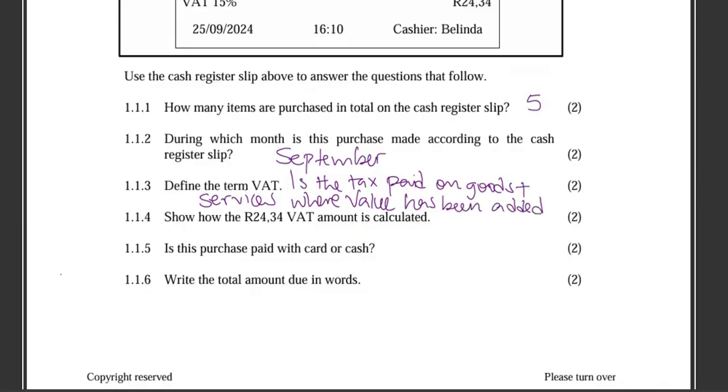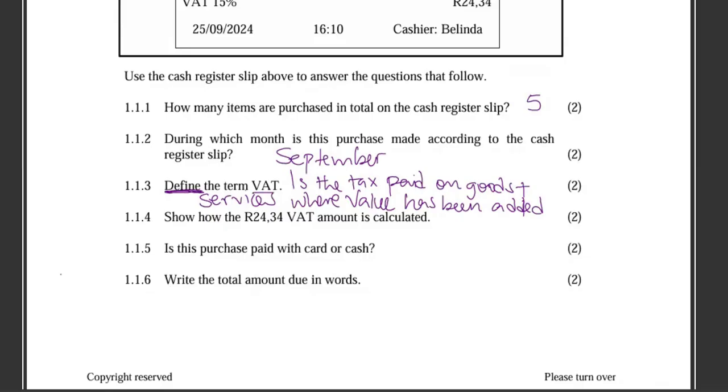If anything has been processed, it's liable to VAT. Take note, they said define. They didn't say what does VAT stand for. They said define the term VAT. So we are defining.